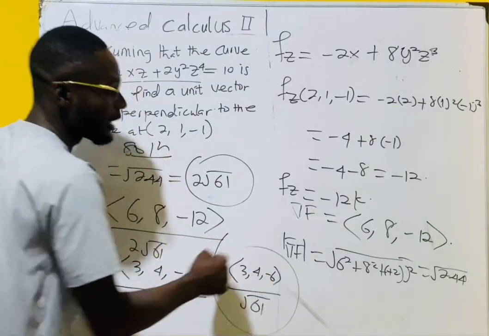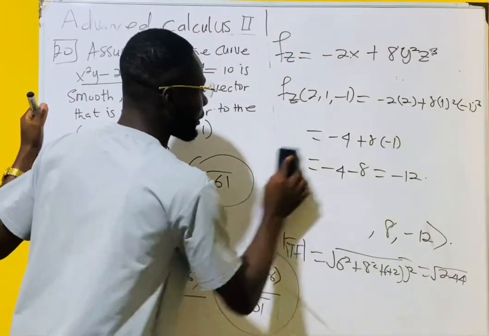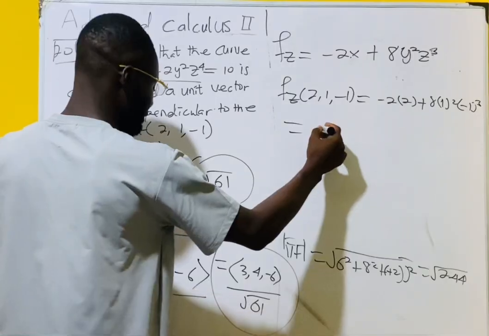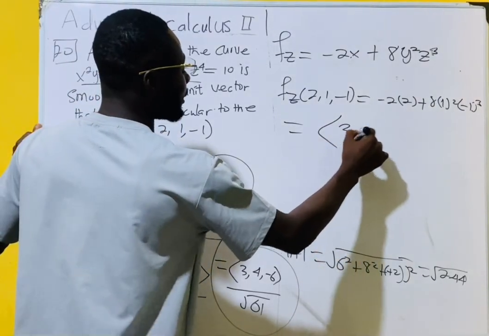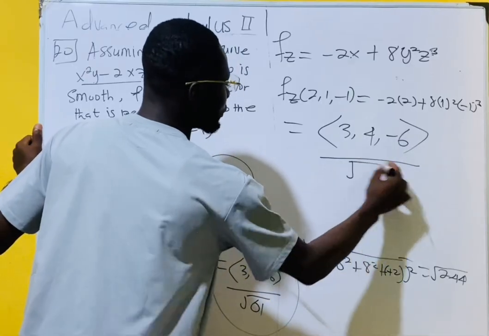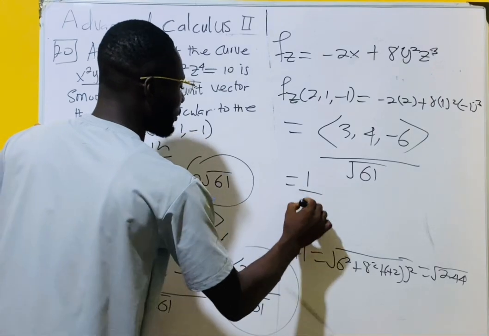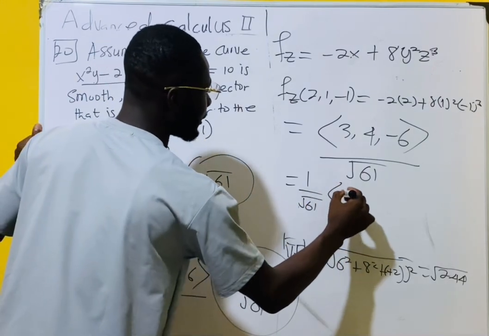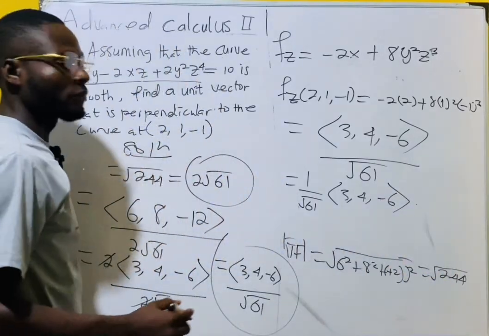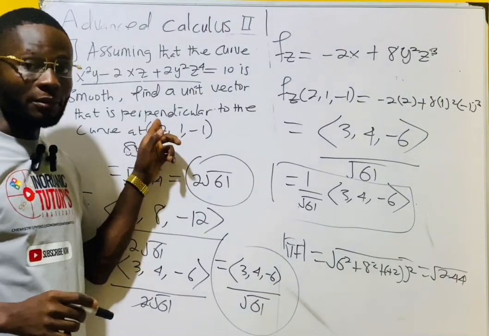So this becomes our result for the vector that is perpendicular to the curve, that is (3, 4, -6) all over square root of 61, or 1 over square root of 61 times (3, 4, -6). And this becomes our final answer to this particular problem.